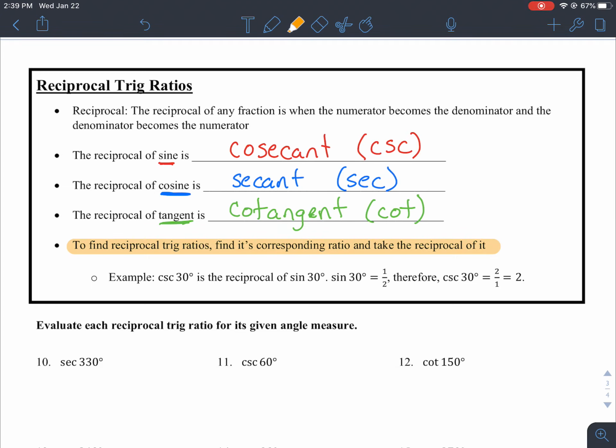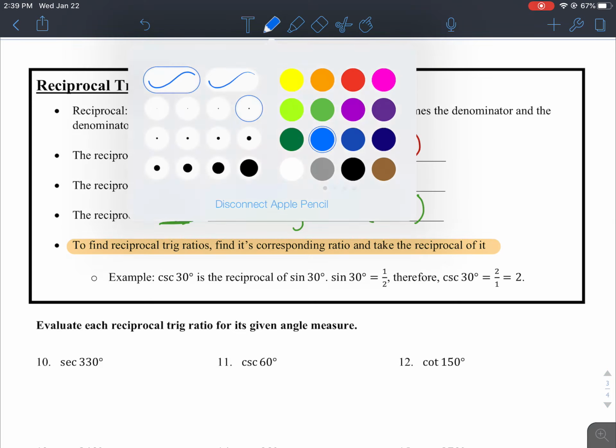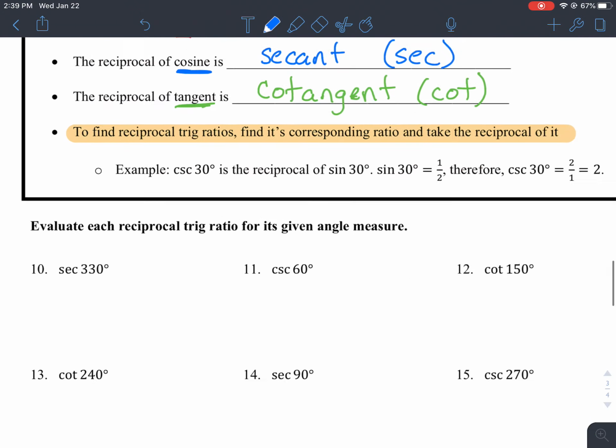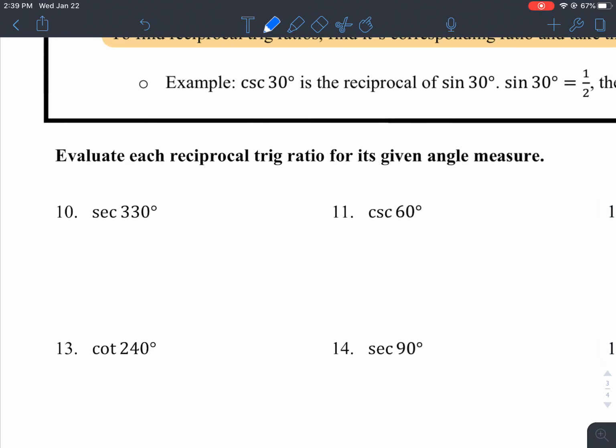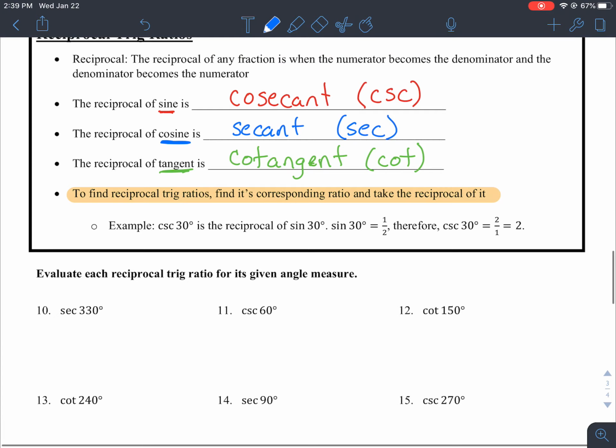Okay, so after a couple examples, it'll become a lot clearer. We'll feel pretty good about them. So let's take a look at some of these. Okay, first one we're going to take a look at is the secant of 330. So the first thing we ask ourselves is which one secant goes with. So secant goes with cosine.